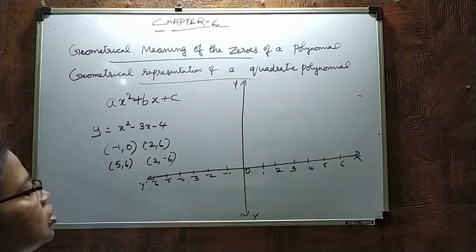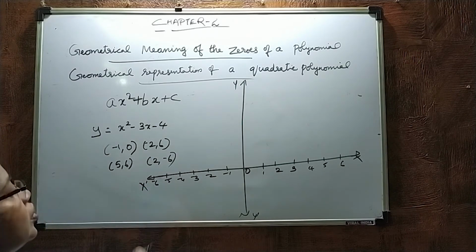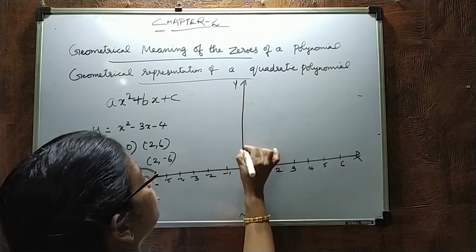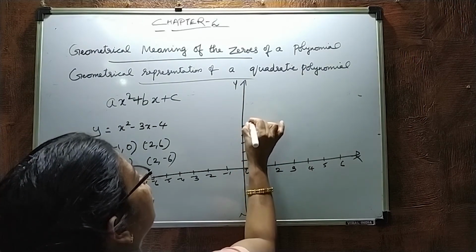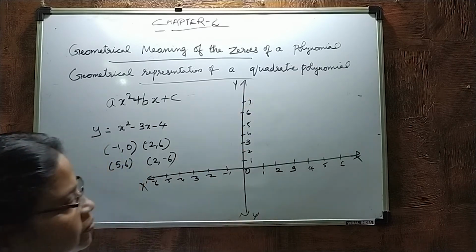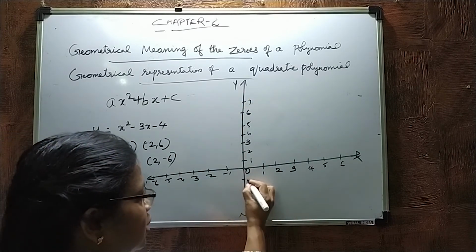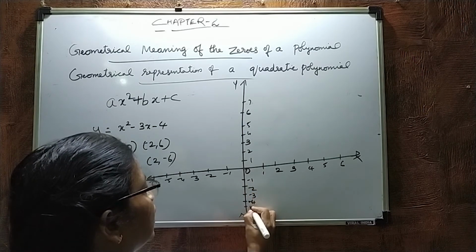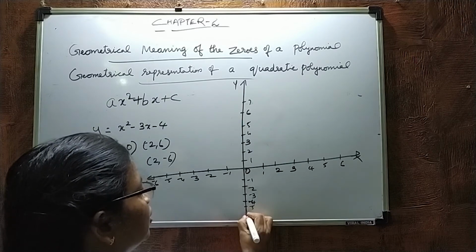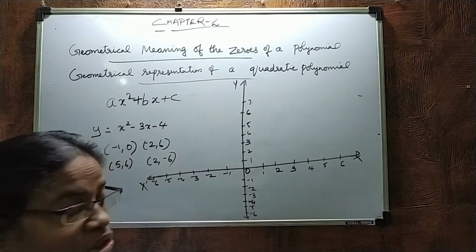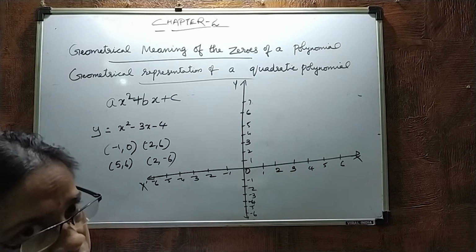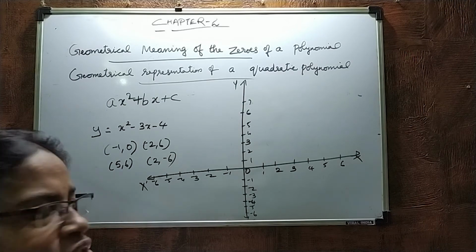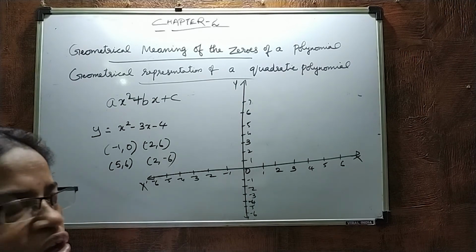On the top it is 1, 2, 3, 4, 5, 6, 7, and down also negative 1 to negative 6. You have to maintain 1 centimeter, or 1 unit, in the graph paper. I am just showing this, no need to draw it in your graph sheet. Just find out how we can do it.